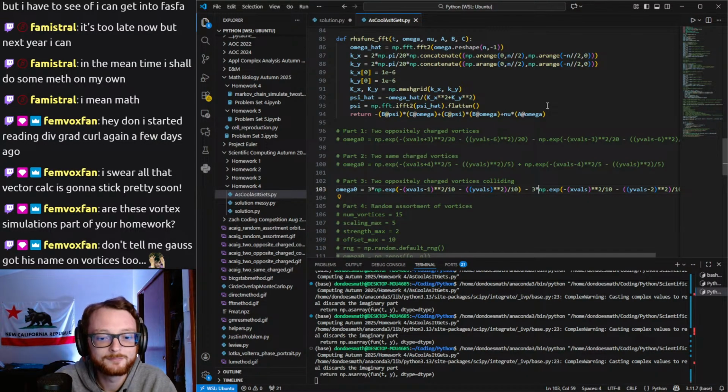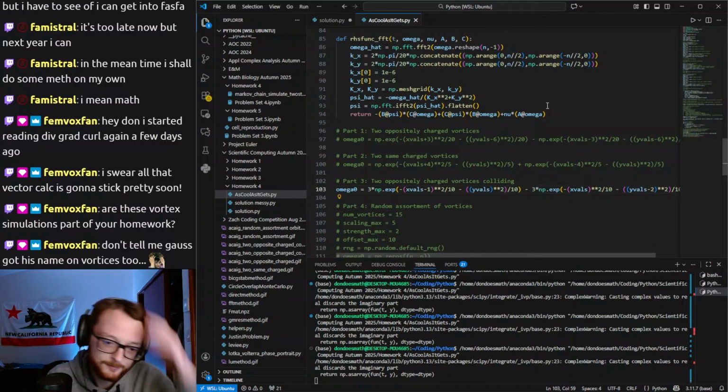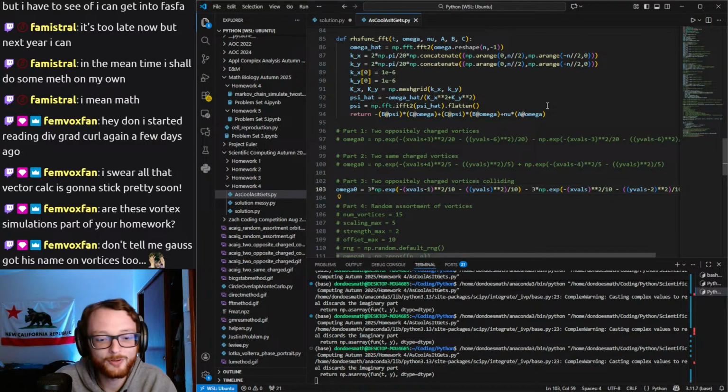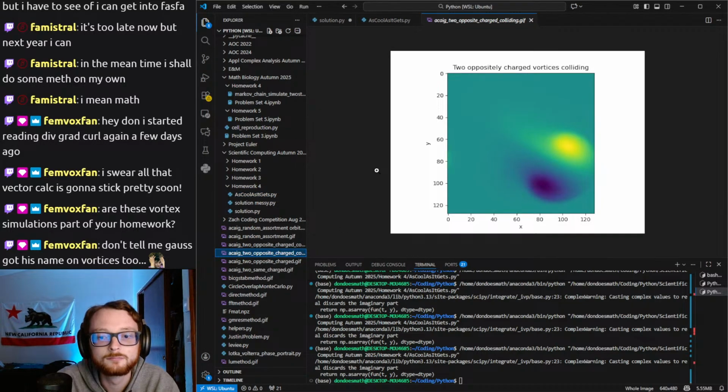Come on. Come on. It's almost there. Here we go. They're just traveling side by side, holding hands. Annoyingly.